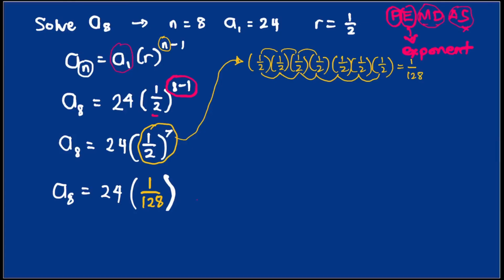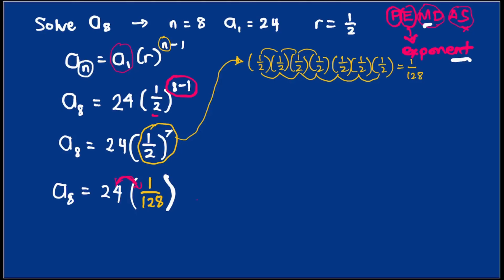We will proceed to the next step natin, which is the multiplication. Kasi the operation between 24 and 1 over 128 is multiplication. So, i-multiply lang natin tong dalawa.